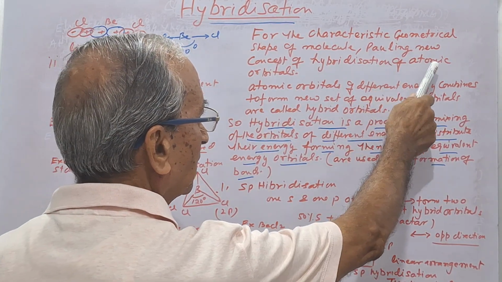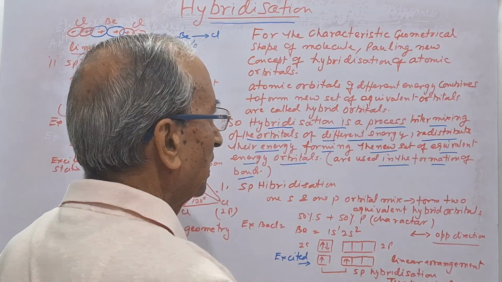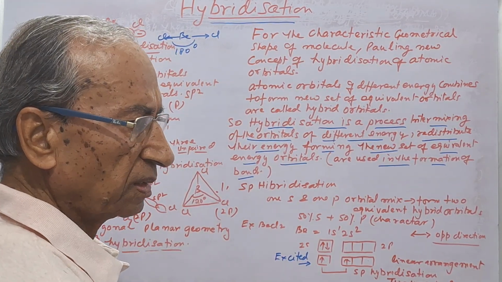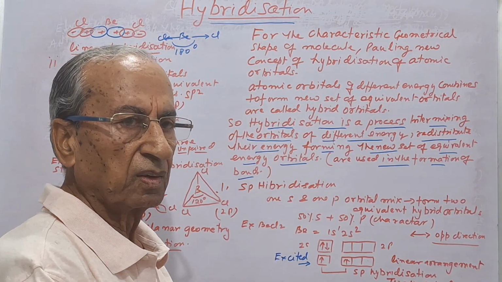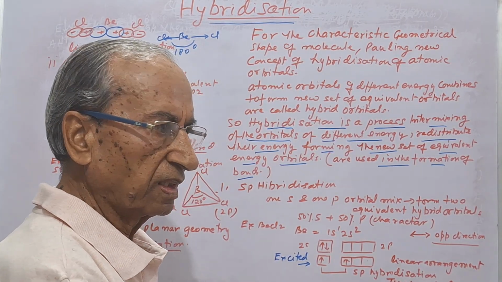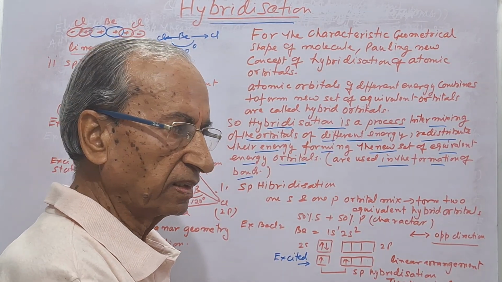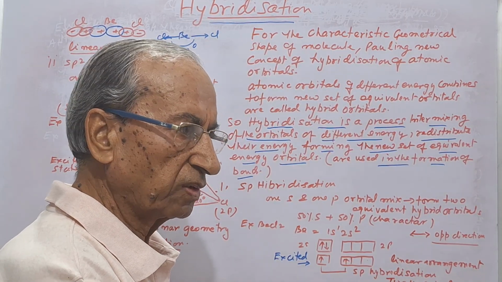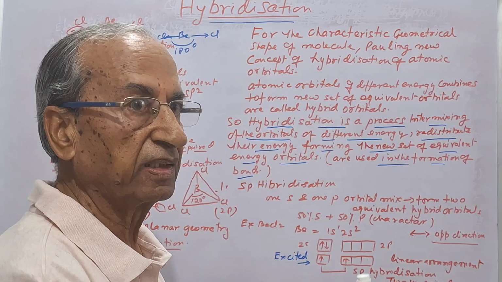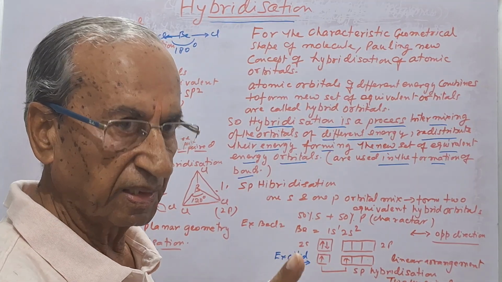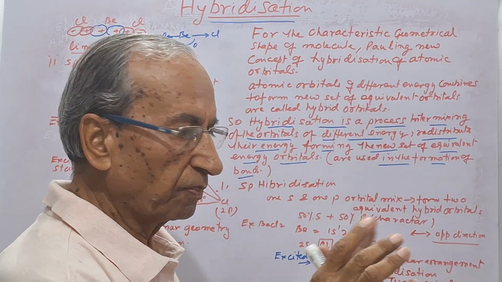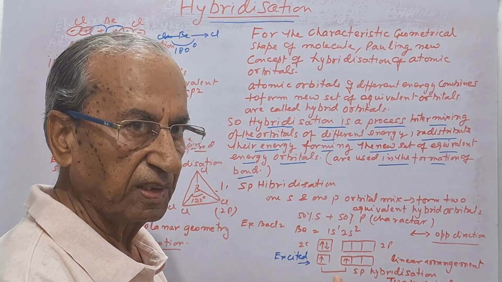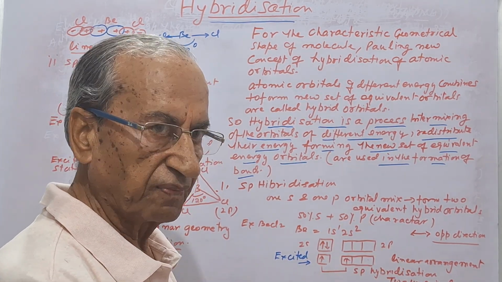For the characteristic geometrical shape of the molecule, Pauling was the man who gave the concept of hybridization of the atomic orbitals. Very simple example: if you take two balls, one bigger and the other smaller, with different energy, when they fuse together they form two balls of the same size and the same energy. Two different orbitals, suppose s and p, have different energy levels.